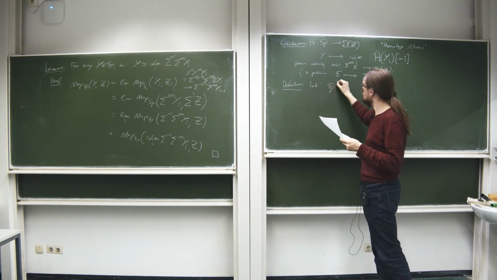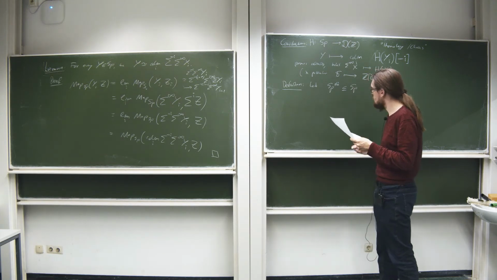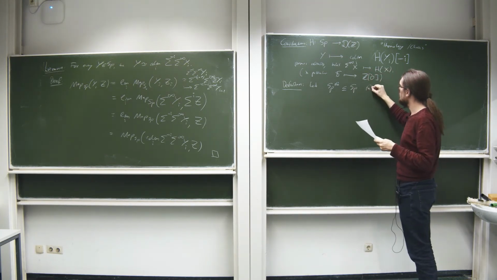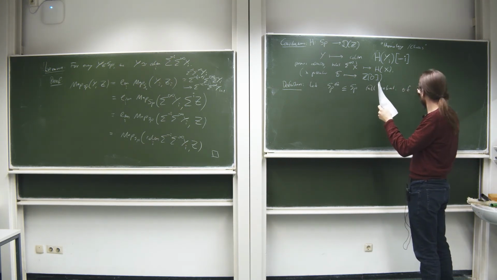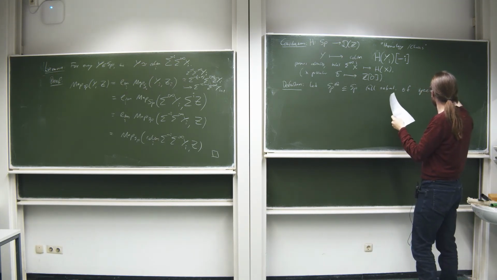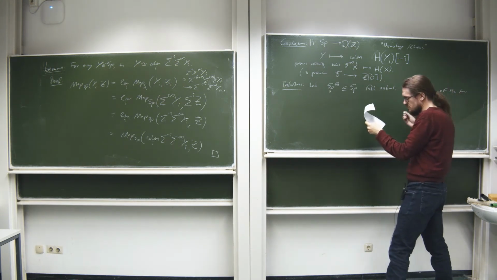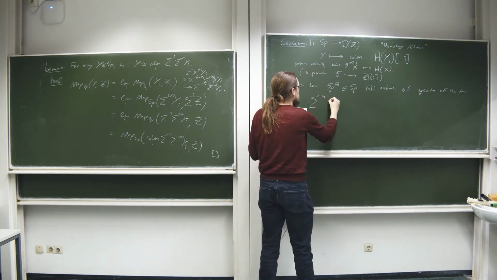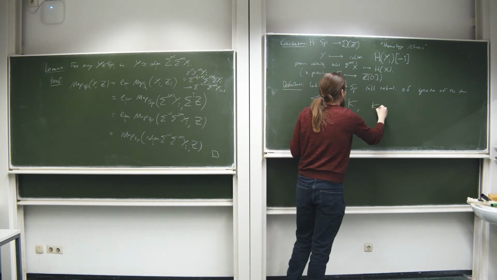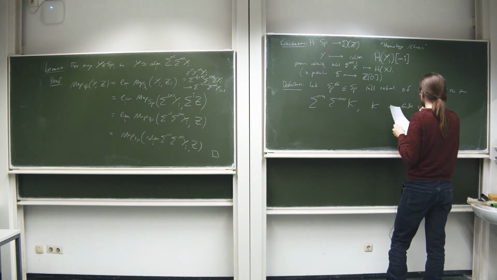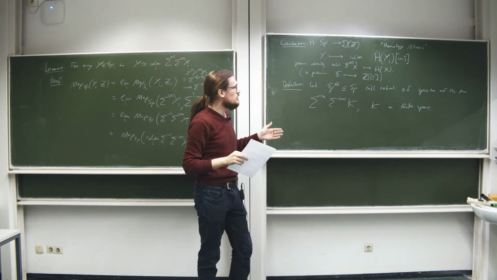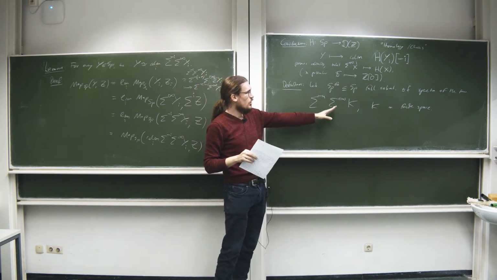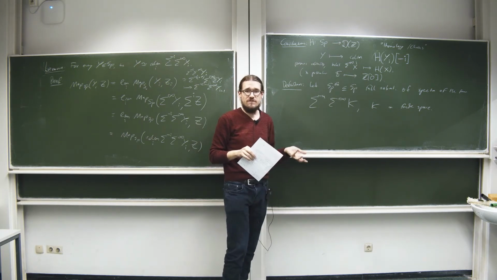So we now define the full subcategory of spectra on finite spectra as the full subcategory of spectra of the form sigma minus n sigma infinity K for K a finite pointed space. This simply includes all shifts of suspension spectra of finite spaces.